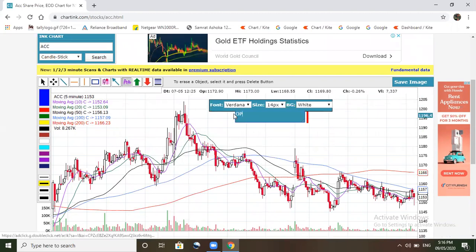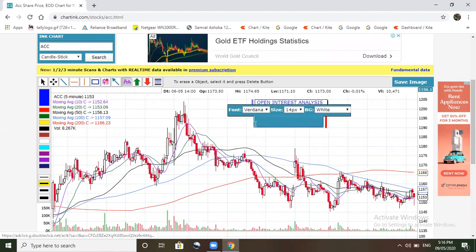Our topic is open interest analysis. This is actually options open interest analysis we are going to do, and we will see how to use open interest to find support and resistance.